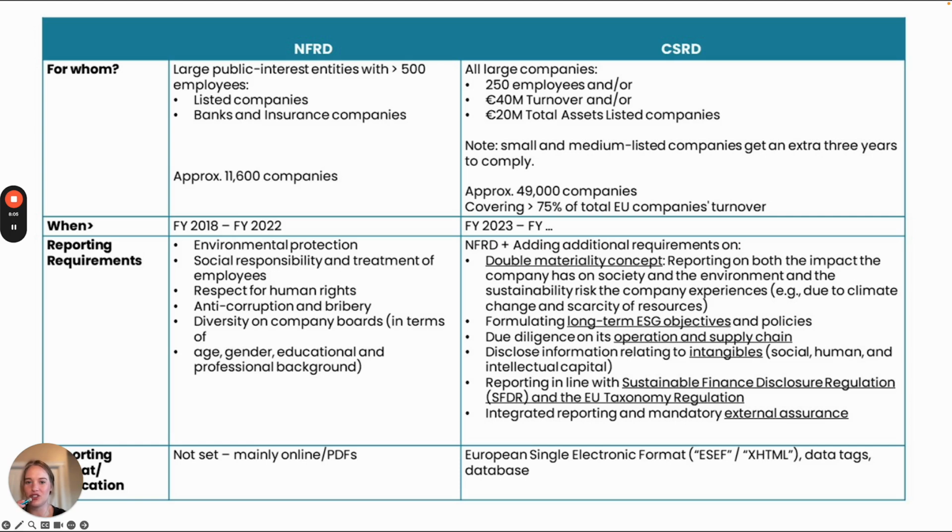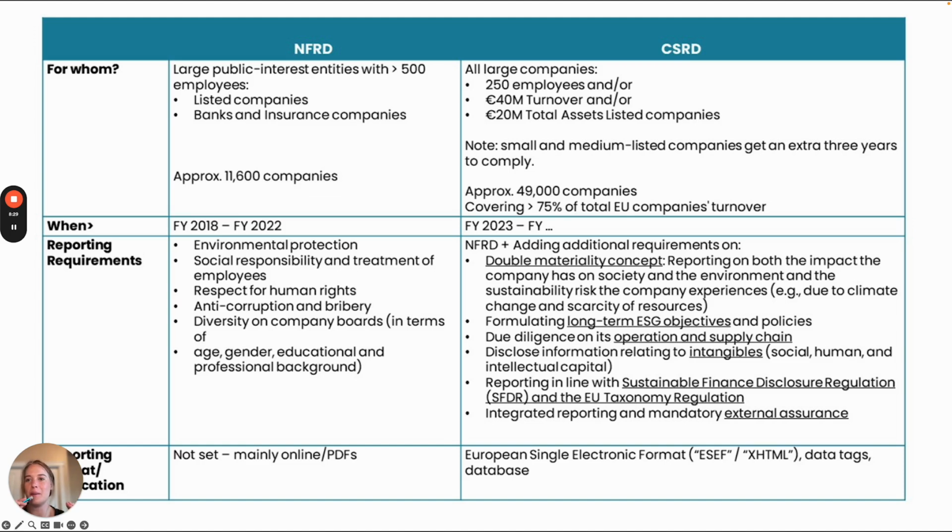Again, long-term ESG objectives, due diligence. So like, how are there fair and equal practices throughout your supply chain operations? You cannot forget about the intangibles, is what they're calling it, like social, human, intellectual capital. And then again, reporting has to be in line with SFRD, EU taxonomy regulation, et cetera.